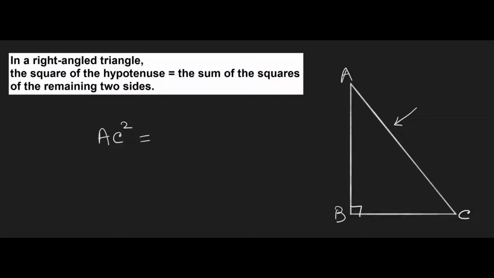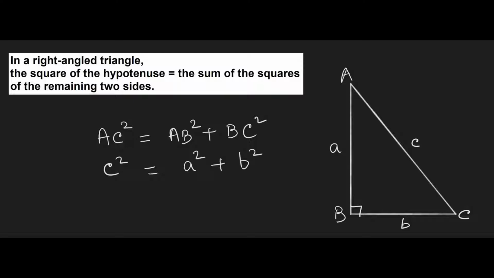So, AB square plus BC square. In other words, if the length of AB is A and the length of BC is B and the length of the hypotenuse AC is C, then C square is equal to A square plus B square.